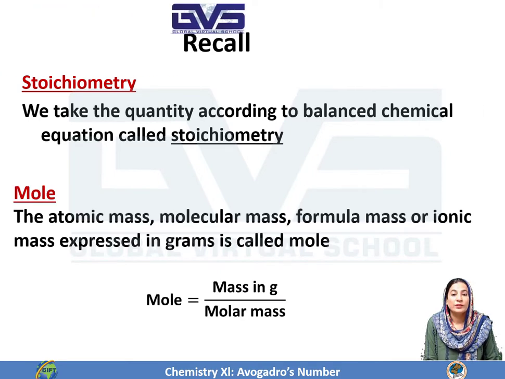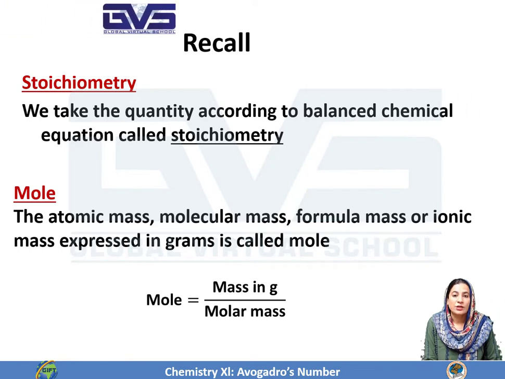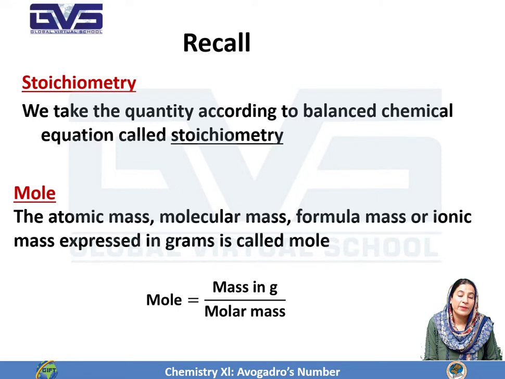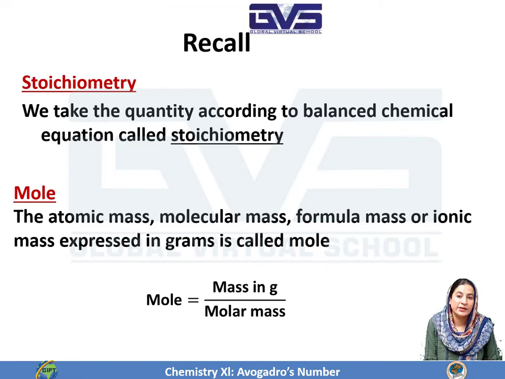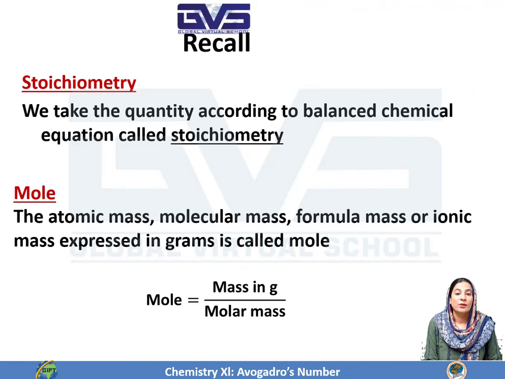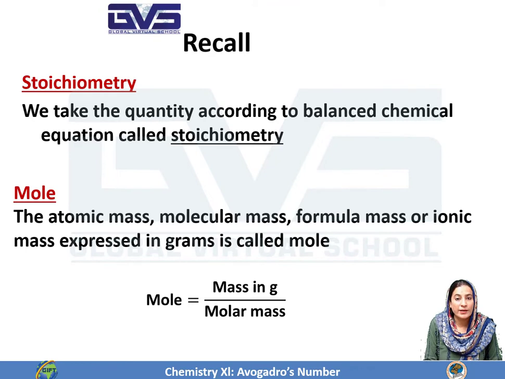And the mole: the atomic mass, molecular mass, ionic mass or formula mass when expressed in grams is called the mole. We have discussed the equation to find the moles: mass in gram divided by molar mass.